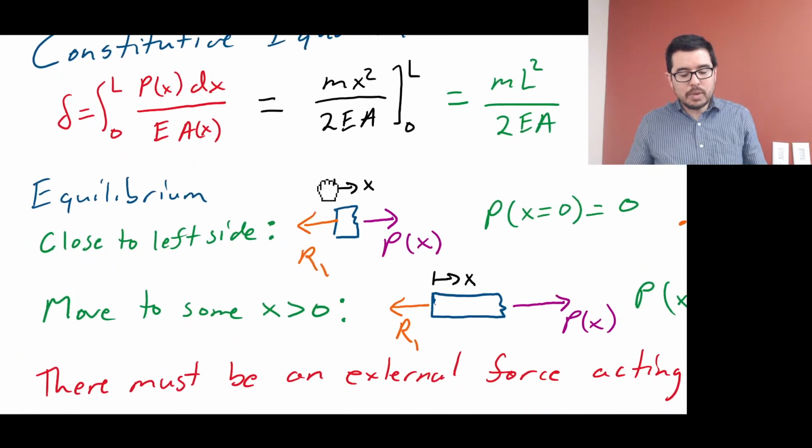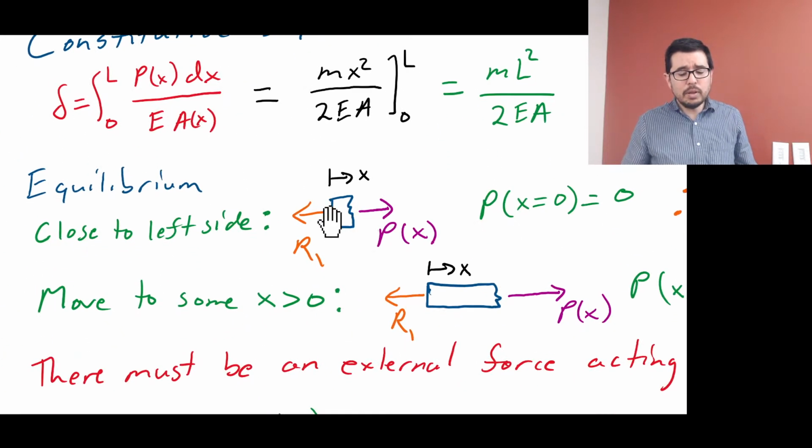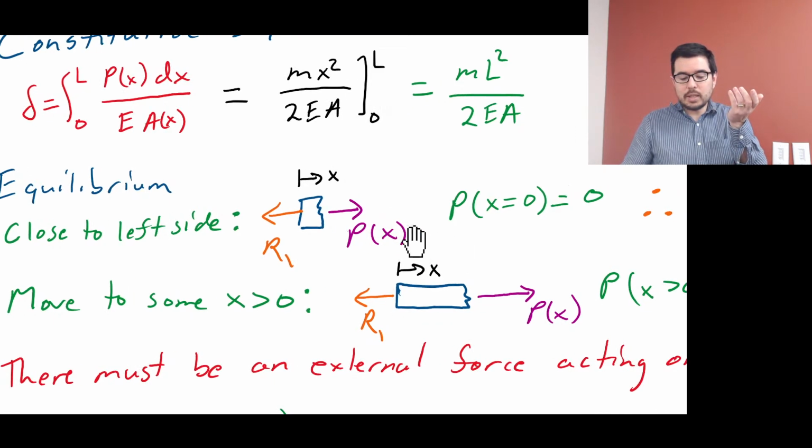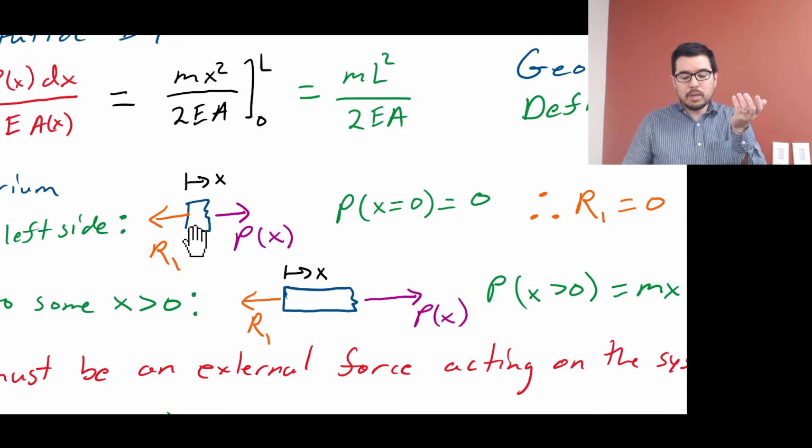So when we take a cut really close to the left side, what is the internal force? Well, it's equal to mx. So x equals 0 just means that P is going to be equal to 0.